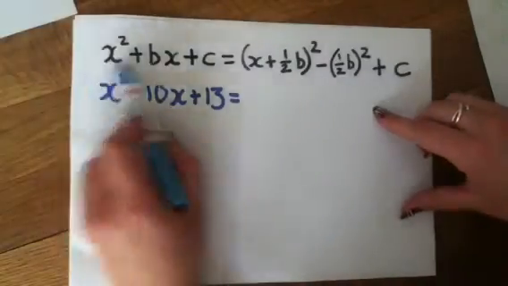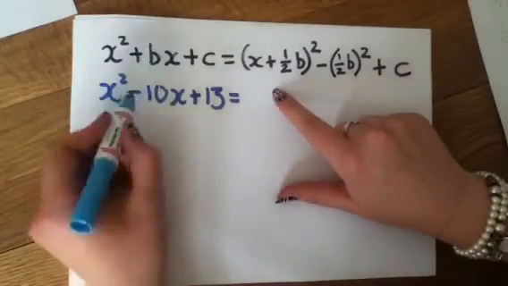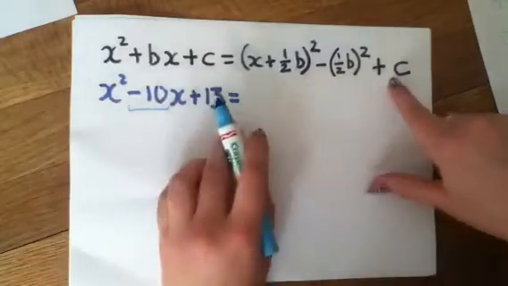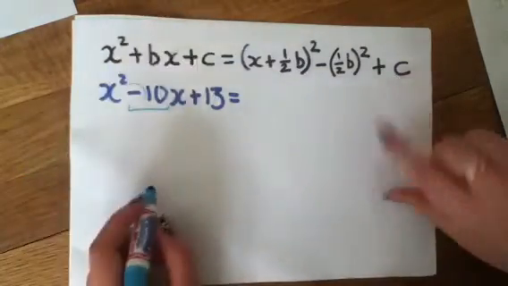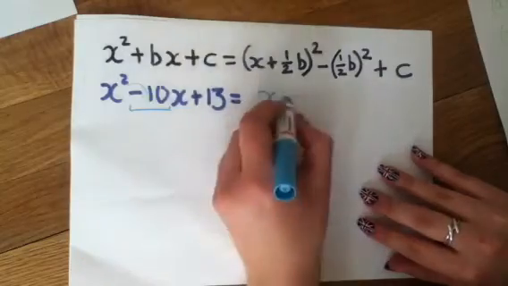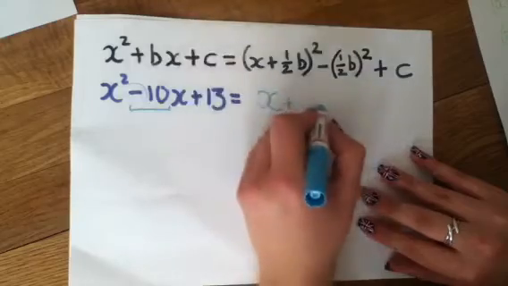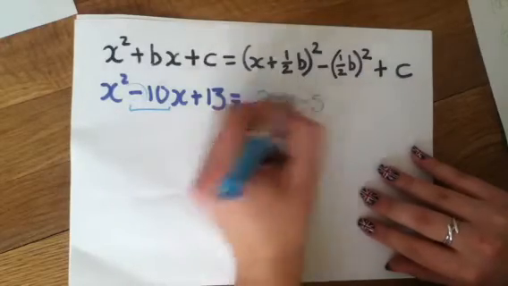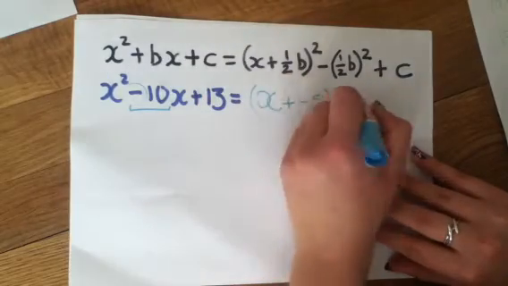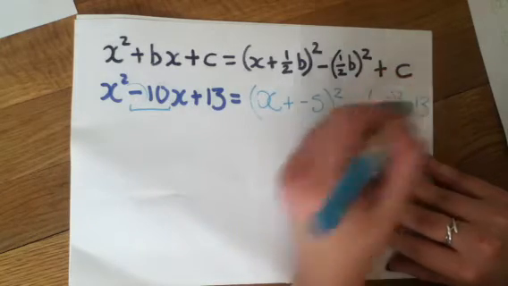Okay. Another example, again we've got our formula here, and in this case b is minus 10 and c is 13. This minus will be important. Again we can write this as x and then plus, and our b is minus 10, so half of b is minus 5, so it's all squared, minus minus 5 squared plus 13.